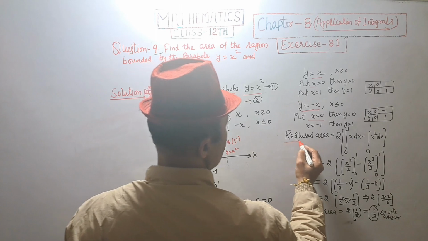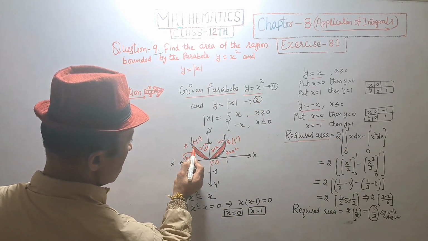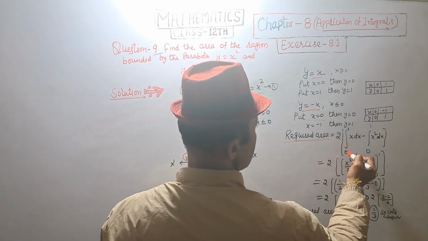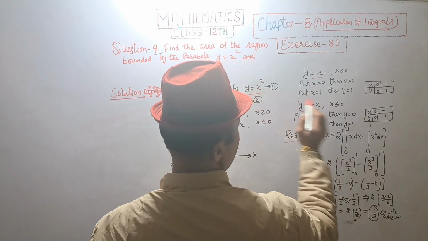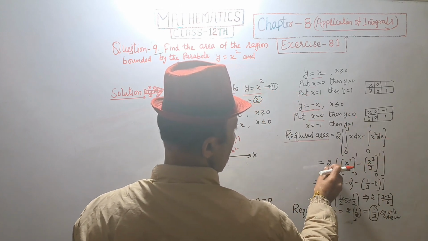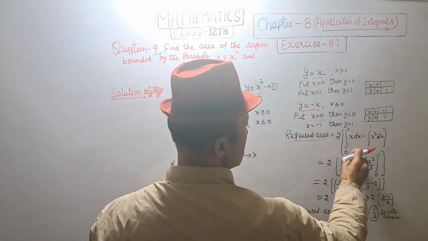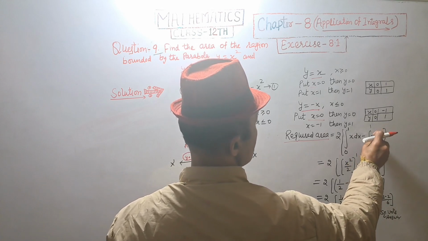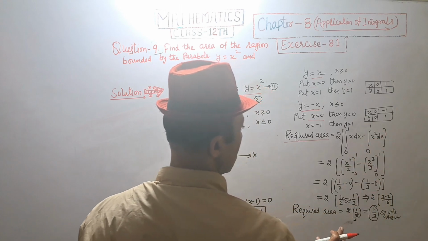So required area is equal to 2 times integration 0 to 1 x dx minus integration 0 to 1 x square dx. 2 into integration of x is x square upon 2, limit 0 to 1, minus integration of x square, that is x cube upon 3, limit 0 to 1.